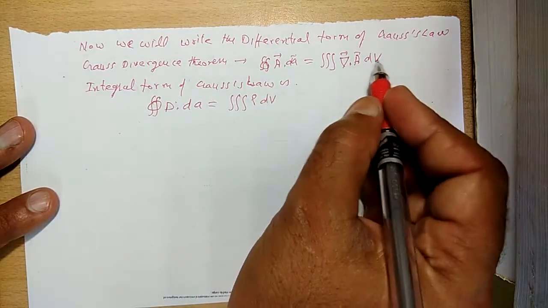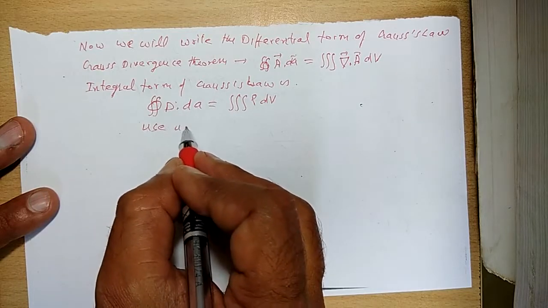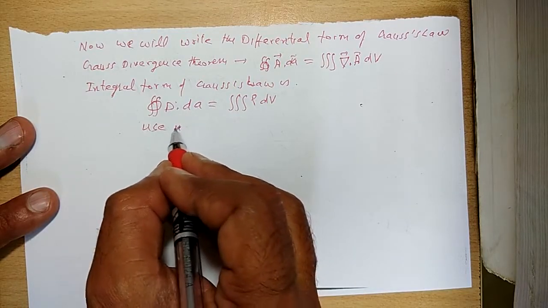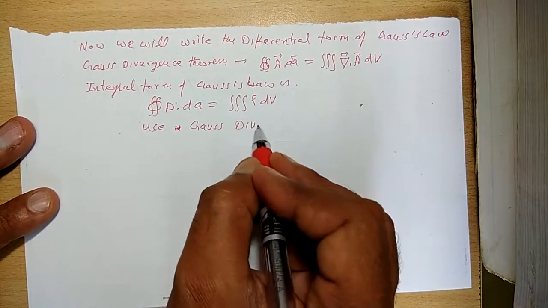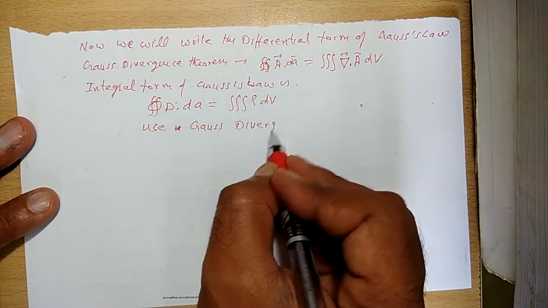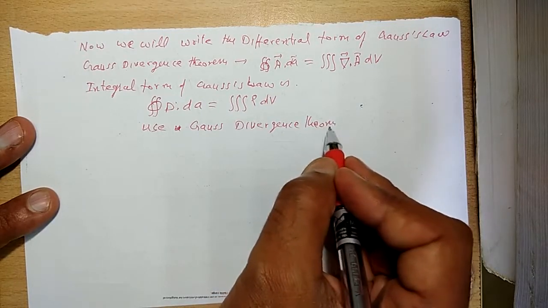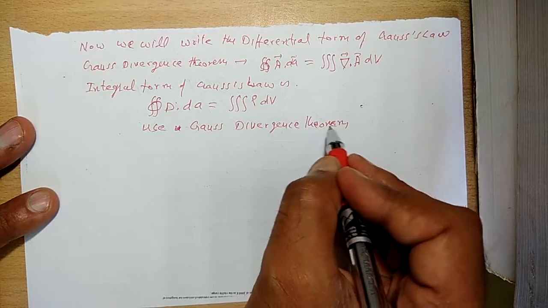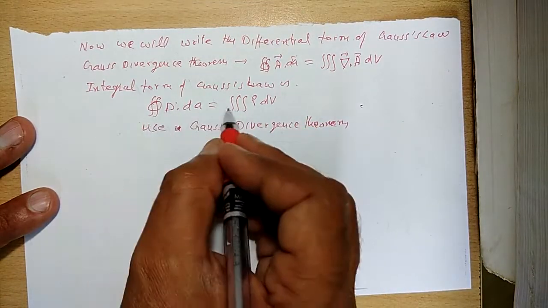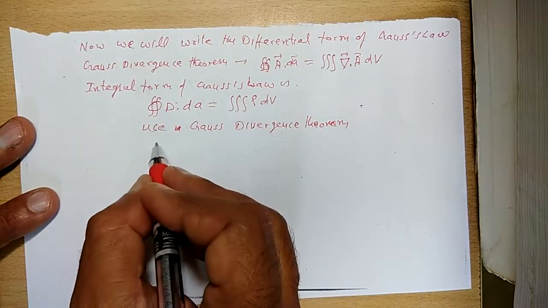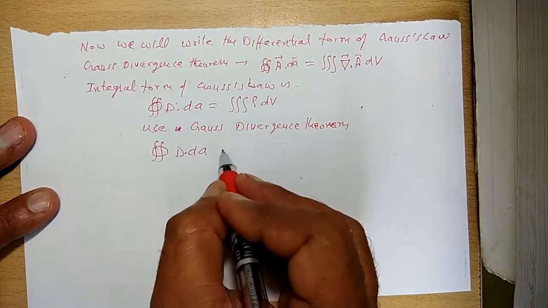Now we will use Gauss divergence theorem in the integral form of Gauss law, that is d dot dA.